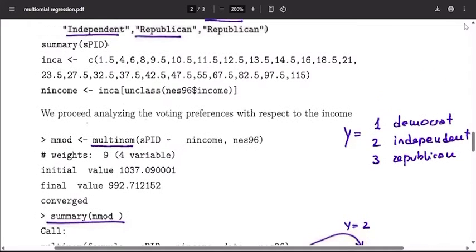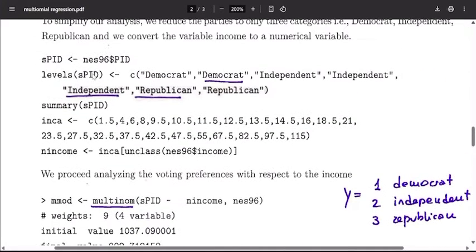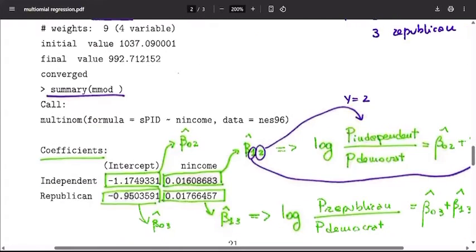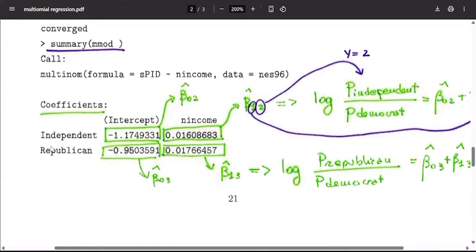We've actually done something here. Can you see the here? We actually want to decide whether you are the one to choose whatever level as a reference. But if R chooses it for you, then let's say I didn't choose anything and I run that in R, and I only have this, then it means R has automatically referenced the Democrats.